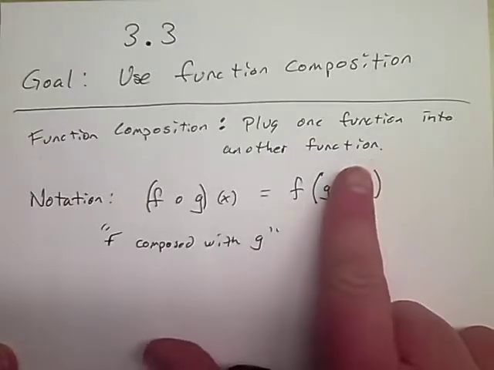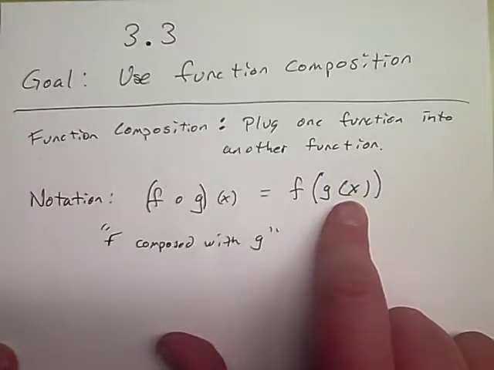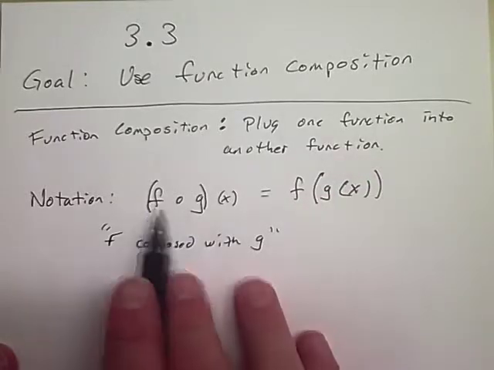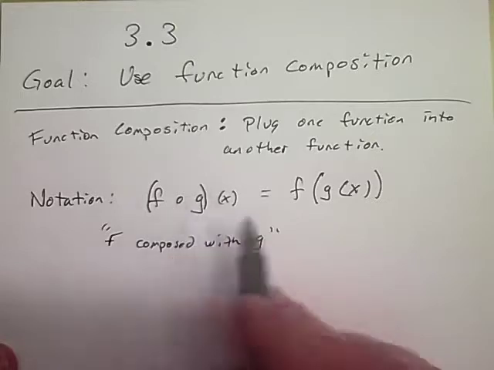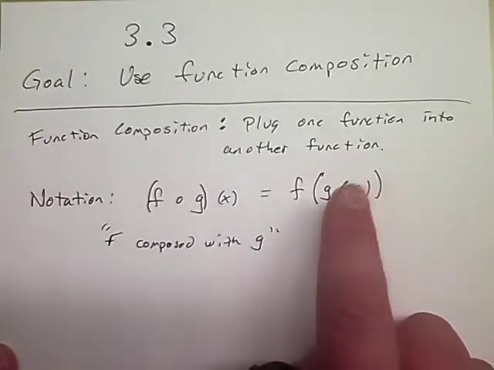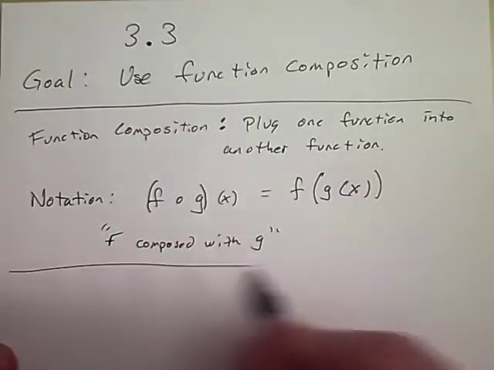Well, what I'm saying here is, whatever's underneath my finger, we're going to plug into f. We're going to plug g of x into f. Remember, the letters stay in the same order, so when it's written like this, you can clearly see that g is going inside of f.